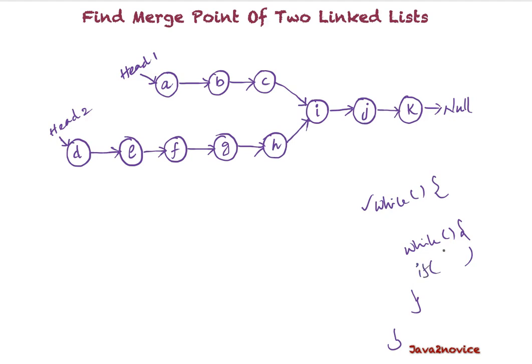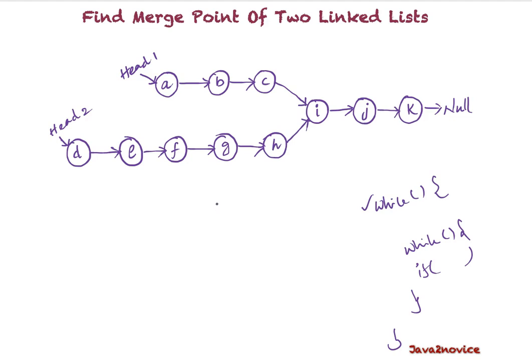The moment we find that both nodes from linked list 1 and linked list 2 match with respect to node references, we will say that's the node we are looking for, which is the merge point. But this is not the best approach. Based on time complexity, this is one of the worst approaches.